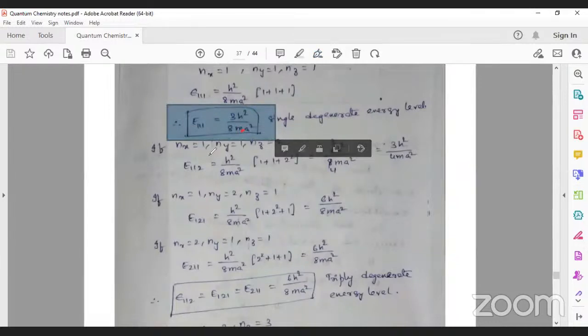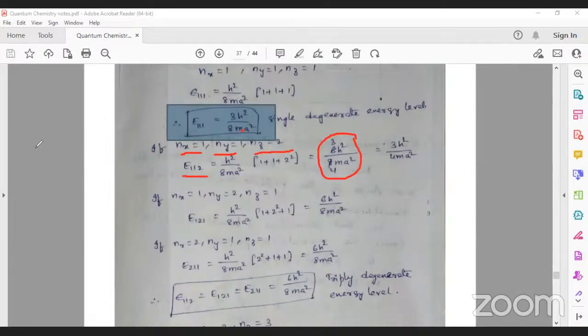Or else we may substitute nx is equal to 1, ny is equal to 1, nz is equal to 2. Therefore, E112 is equal to h square by 8ma square of 1 plus 1 plus 2 square, meaning 4. Overall, 6h square by 8ma square.